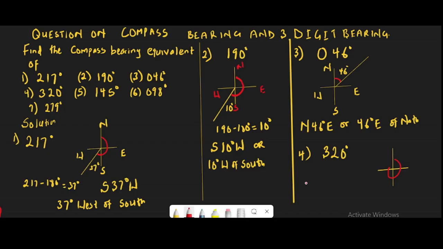We have 320 minus 270 degrees, which gives us 50 degrees.